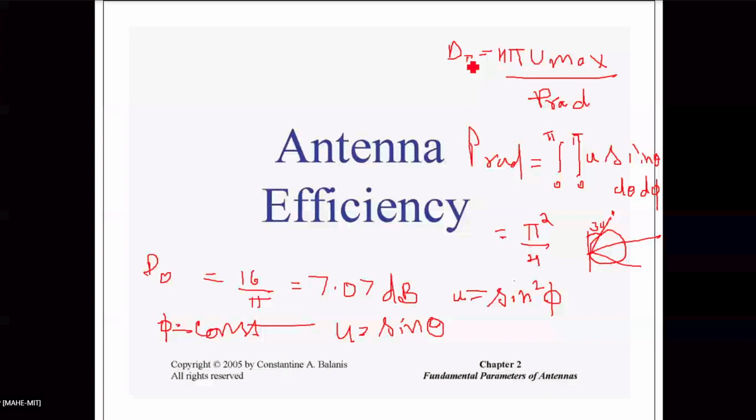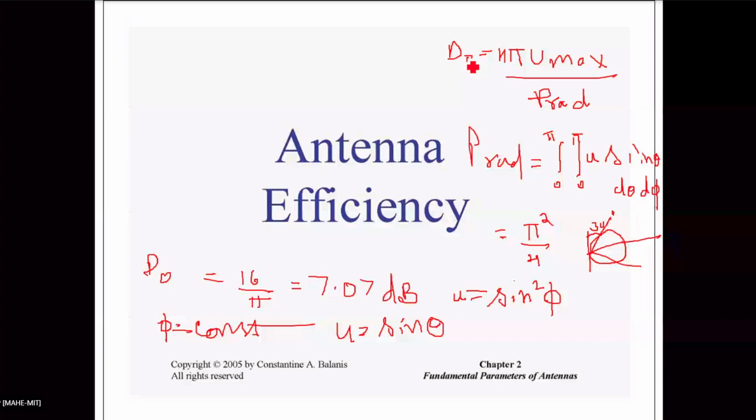Okay. Take down one problem. An isotropic antenna is radiating in free space.